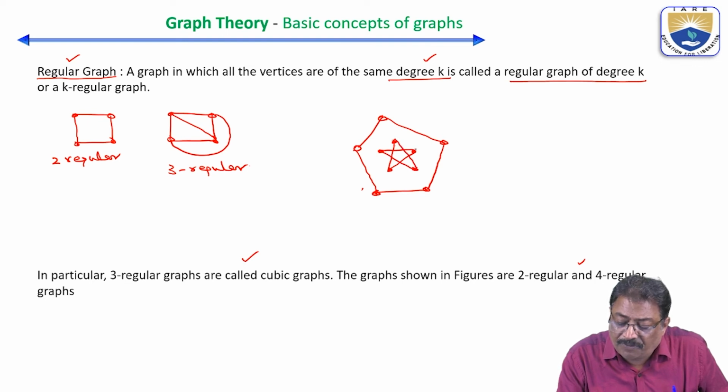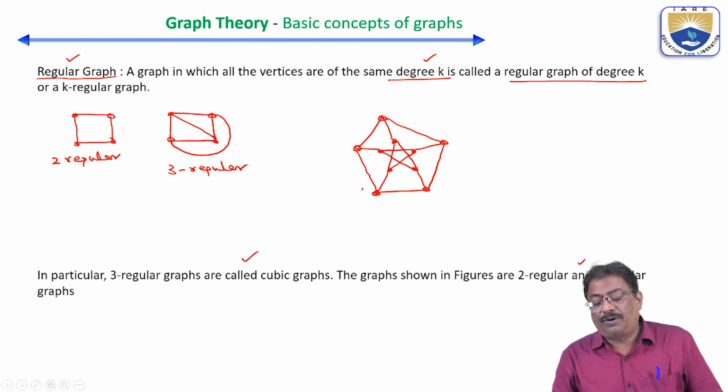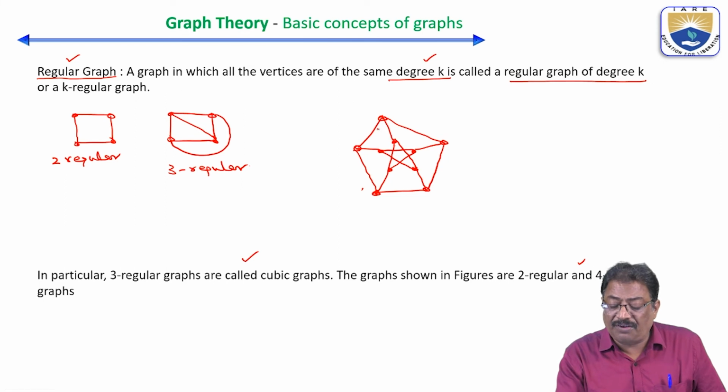Then if I am considering this type of graph, each and every vertex has degree only 3.